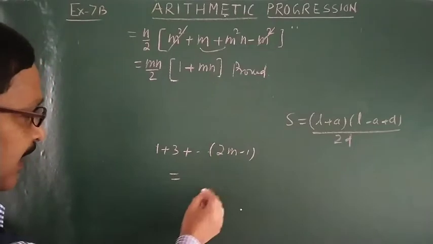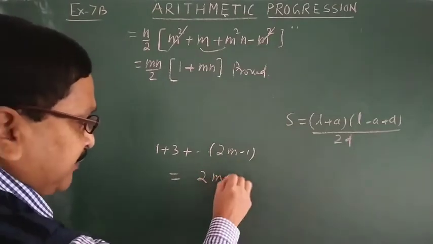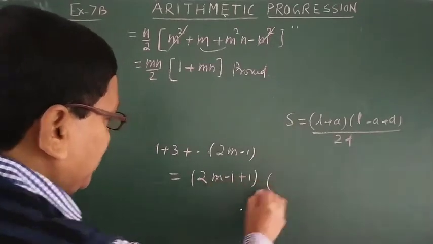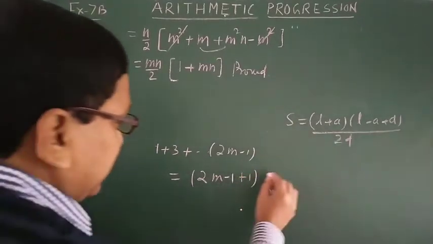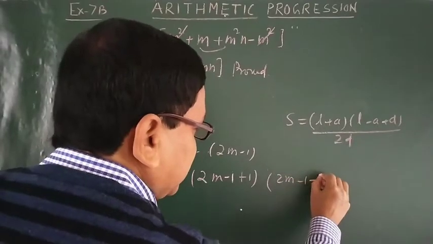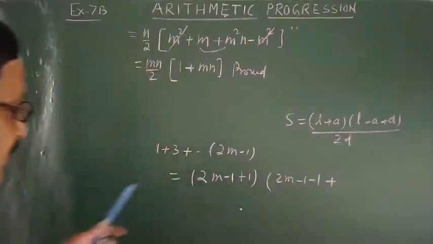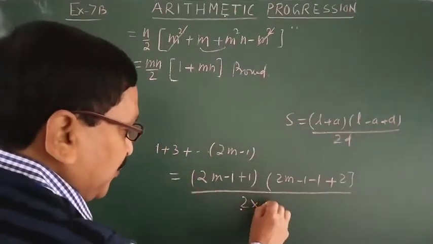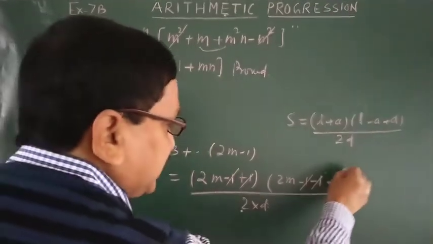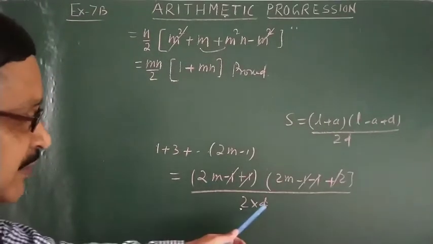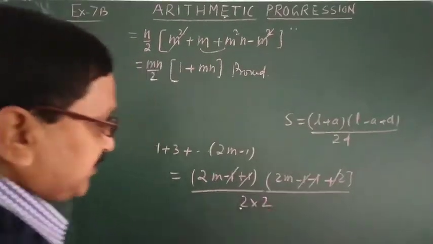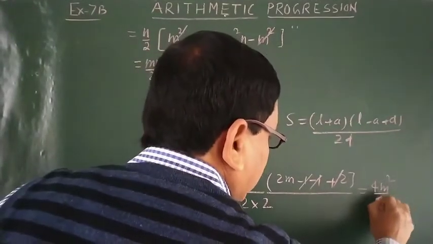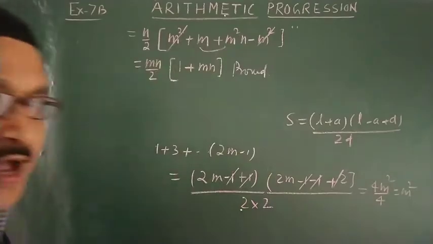Then this will be L. L is 2m minus 1, plus A is 1, into, then L minus A, 2m minus 1, plus D, D is 2. The common difference is 2, so by 2 into 2. So this cancelled, and we are left with 4m square by 4, which is m square, which I used.